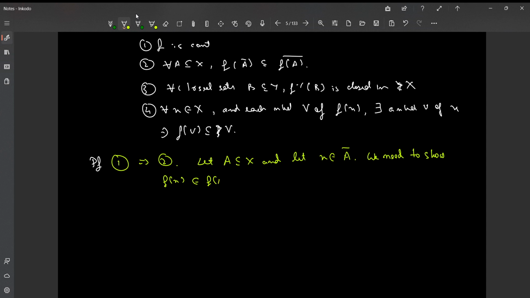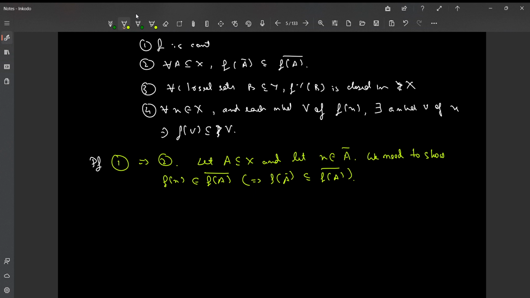We need to show f(x) is contained in the closure of f(A). This will do, because since x is arbitrarily chosen from A closure, this would imply that f of A closure is contained in the closure of f(A). That is what we actually need to show. How do we do this?